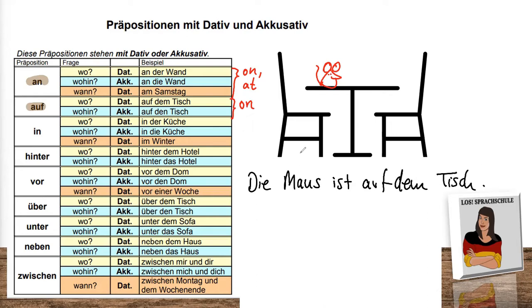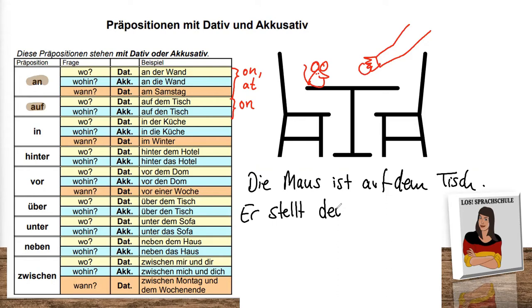Makes sense, right? The mouse is on the table. Static, no movement. But if we want to say that something is being put on the table, we have to say different. Stellt den Ball auf den Tisch. So this is Akkusativ. And the reason for it is because the ball wasn't there before and he's getting put there.